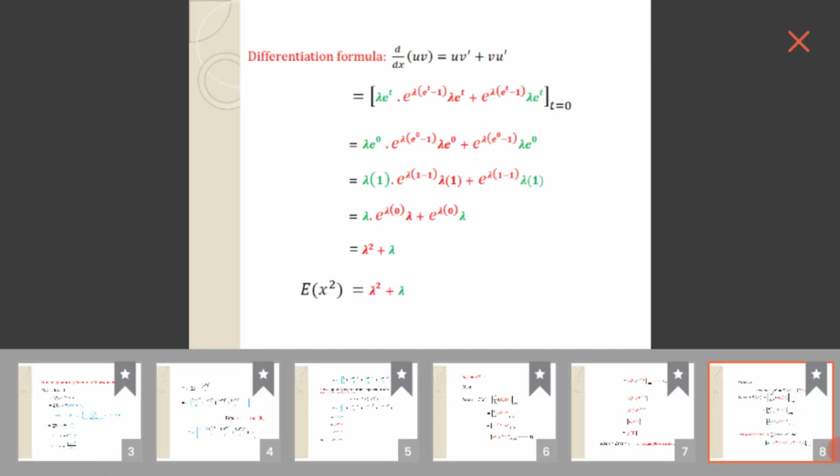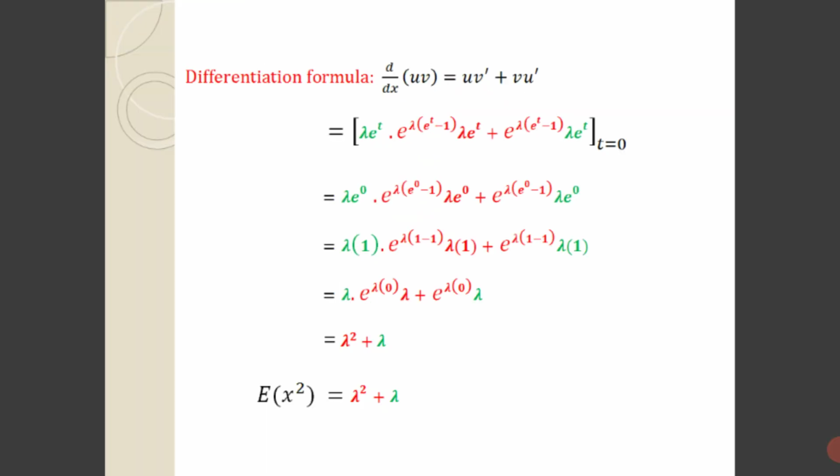Again simplification: we get λ e^(λ·0) λ plus e^(λ·0) λ. Putting e^0 as 1, we get λ into λ, λ square, plus 1 into λ, so λ. This is λ square plus λ, our E of x square answer.